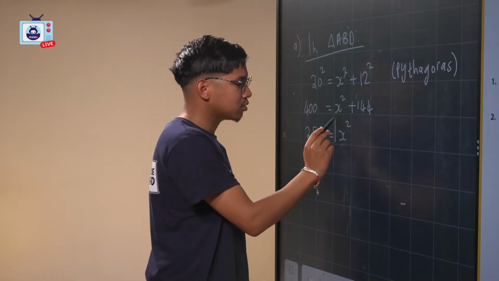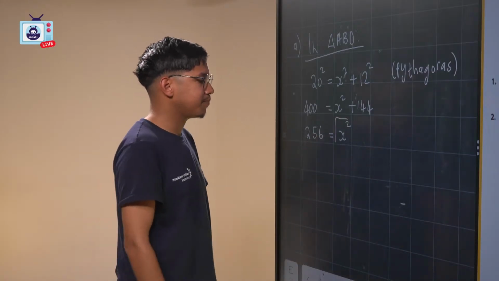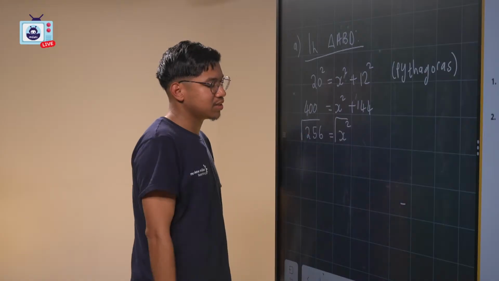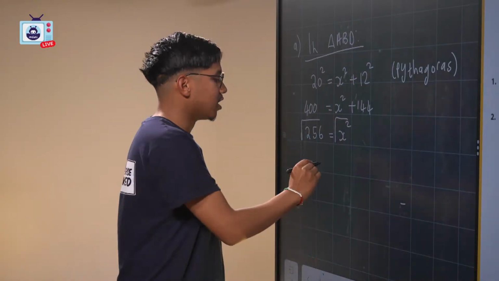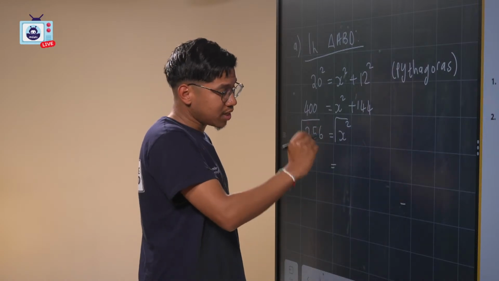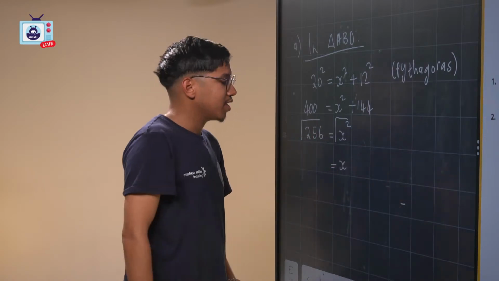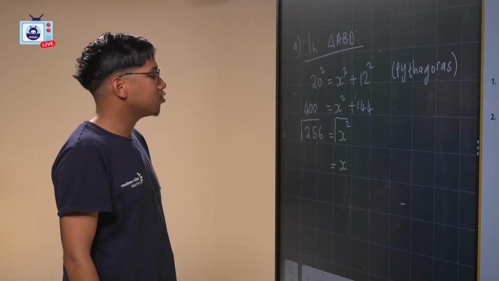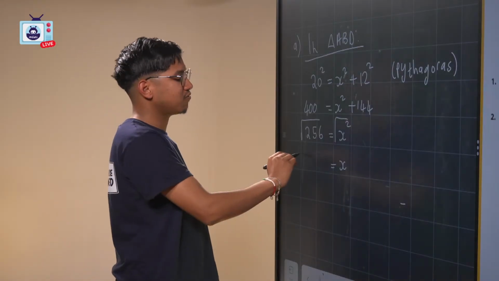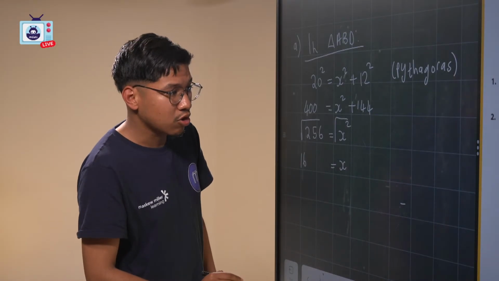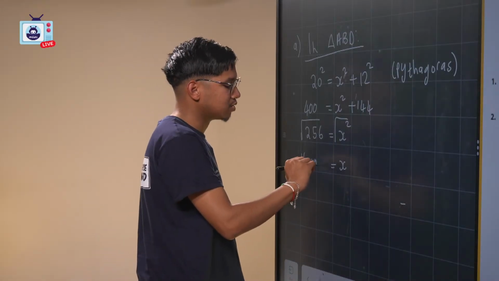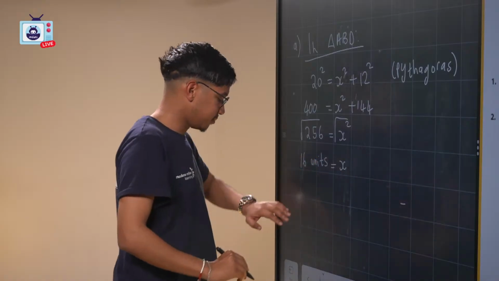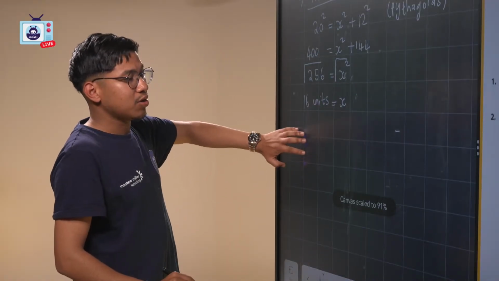I need to square root the left-hand side, and I need to square root the right-hand side. And once I square root x squared, I'm left with x. And then the square root of 256 should give me 16. Are they giving me measurements? No, they're not. So I give my answer as units.